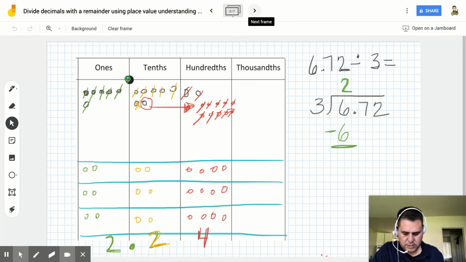So therefore I have 0 left. Then what did we do? We divided the next value, which was the tenths. How many tenths do I have? I have 7. 7 tenths.